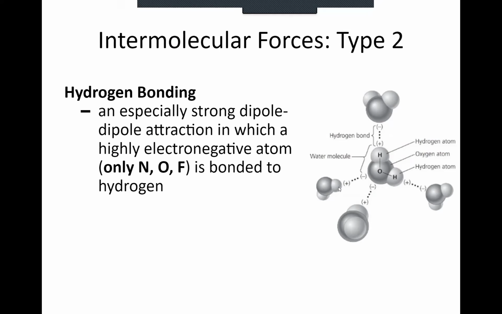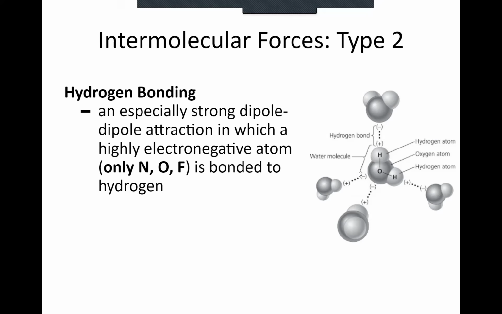Why? You might say, okay, I get that you have a really electronegative element bonded to something that's kind of a medium electronegativity, hydrogen, but why is that so important? Hydrogen is really small. The size of the hydrogen atom is the smallest of all of them.